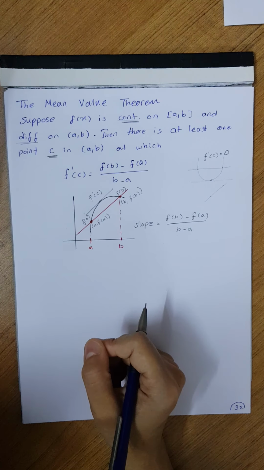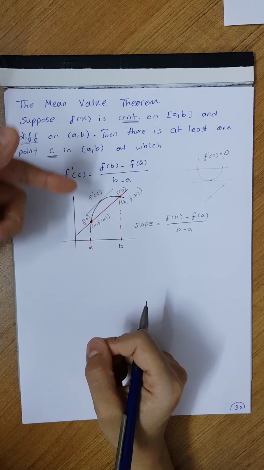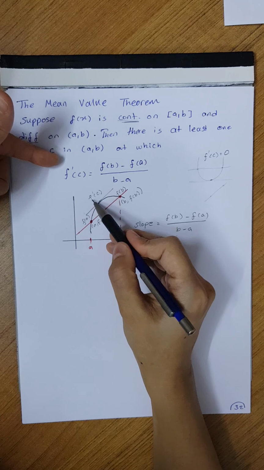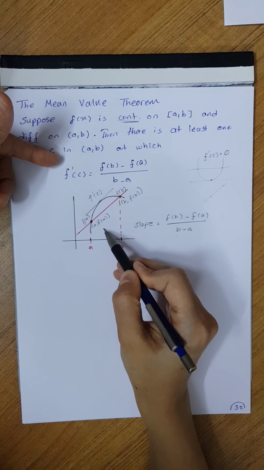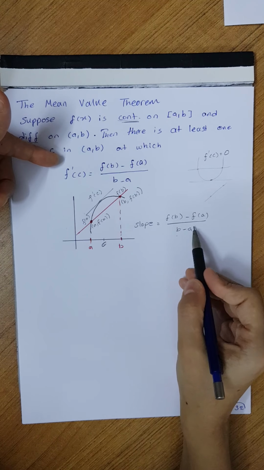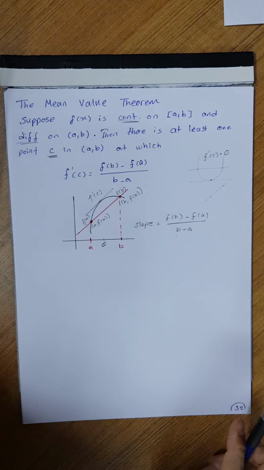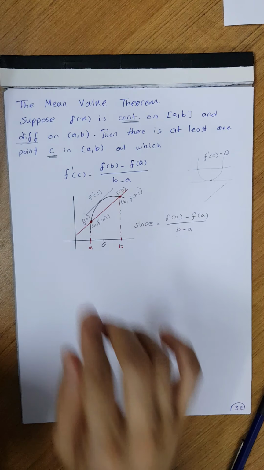If you remember from chapter 1, if you have two parallel lines, their slopes are equal. So f prime of that C between A and B is equal to that slope. So f prime of C is equal to the slope of that slant line.